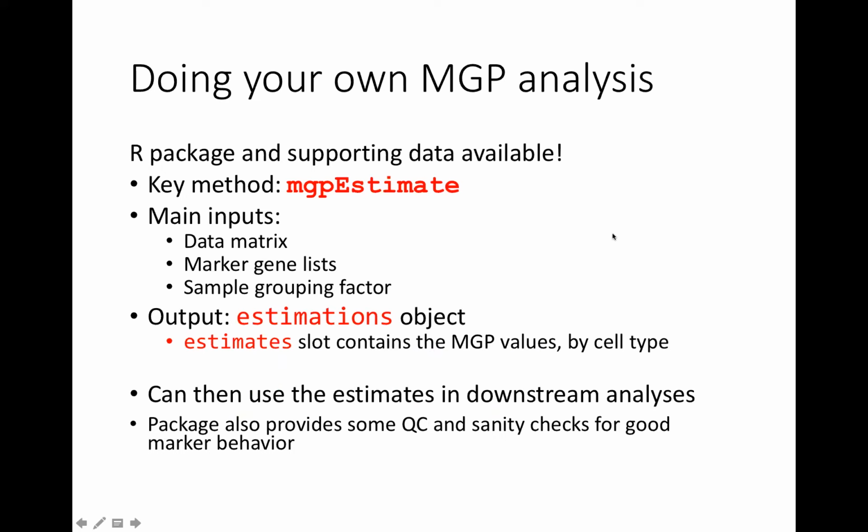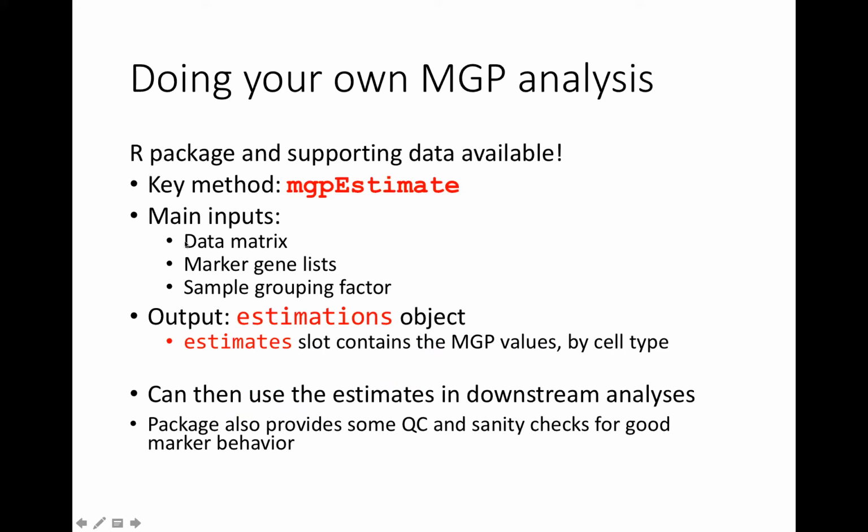So the last thing I'll do is give you a very quick high-level overview of how you can do this yourself if you're interested. If you have a data set where you want to apply the analysis, you can use the markers that we provide, or you can make your own list if you don't like our markers. We provide an R package and the supporting data, so the gene list, and the key method in the R package is this MGP estimate method.